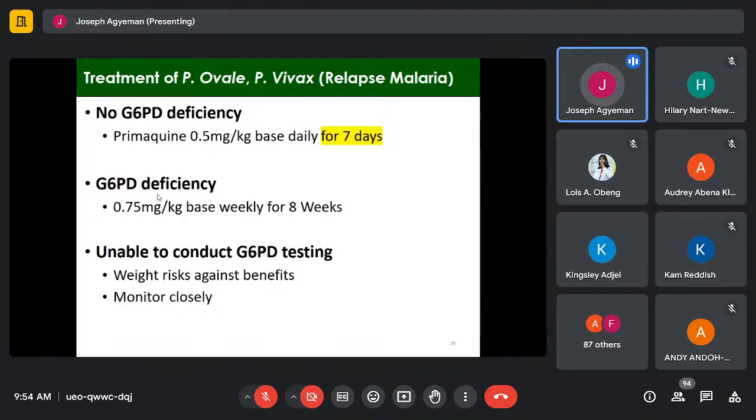Because G6PD deficiency is an X-linked recessive condition, meaning that it affects the X chromosome. Males, we have X and Y. So the moment it affects the only one X that we have, we are done. So you could be fully defective or you will not be affected.